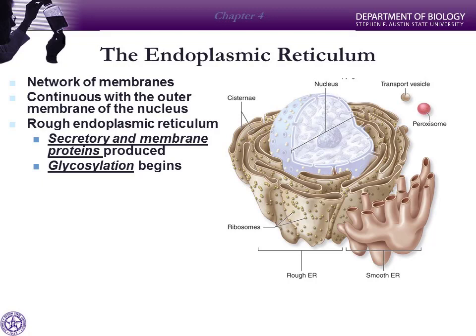And so by having all of these ribosomes on the surface, this is going to be the beginning of protein production for proteins that are going to be secreted outside the cell, or proteins that are going to be somehow incorporated into the membrane. The plasma membrane, the nuclear membrane, the mitochondrial membrane.